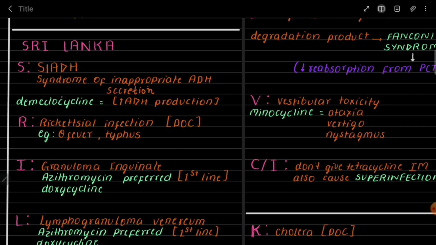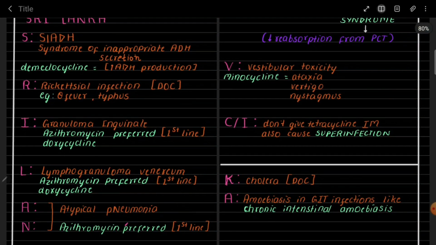But this property of demeclocycline is actually helpful in a situation like SIADH, as there is increased ADH production in this condition. So if we give demeclocycline to the patient, it will antagonize the action of ADH, and thus this condition can be sorted. R here stands for rickettsial infections.